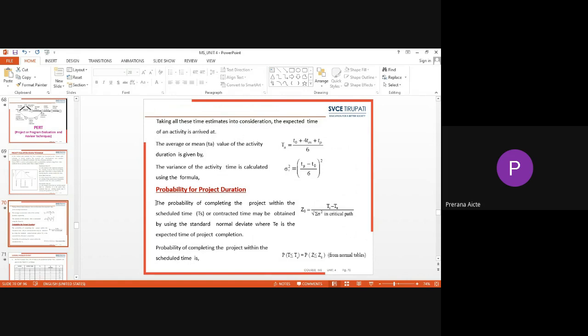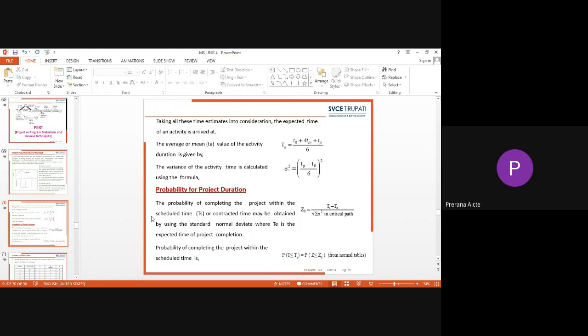Another important expression which can be used is the probability for project duration. That is, the probability of completing the project within the scheduled time or contracted time may be obtained by using the standard normal deviate, where TE is the expected time of project completion.